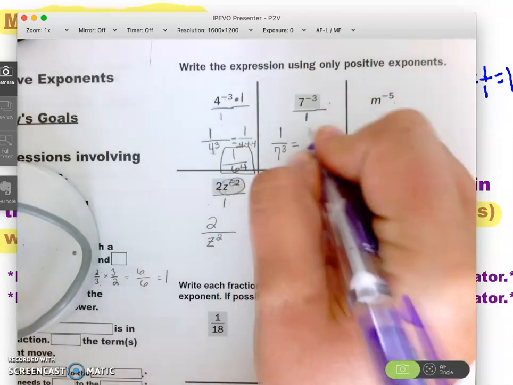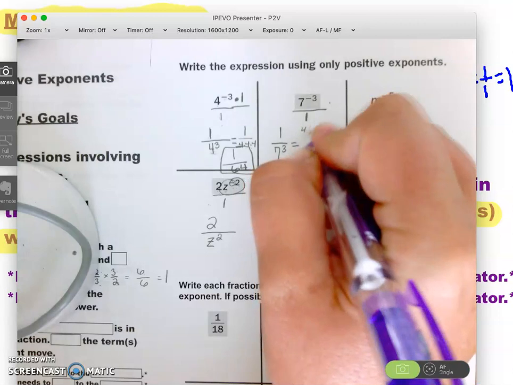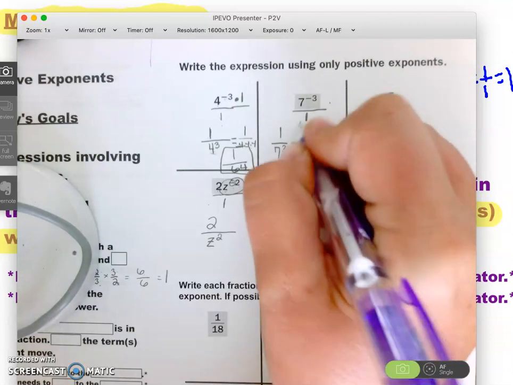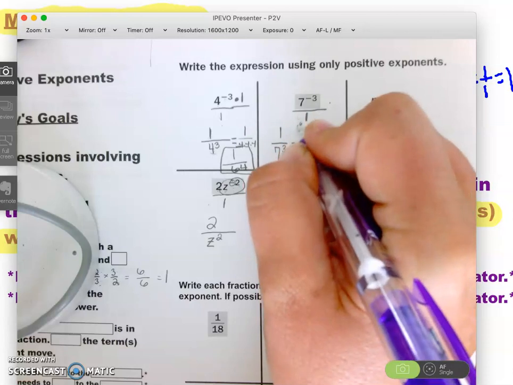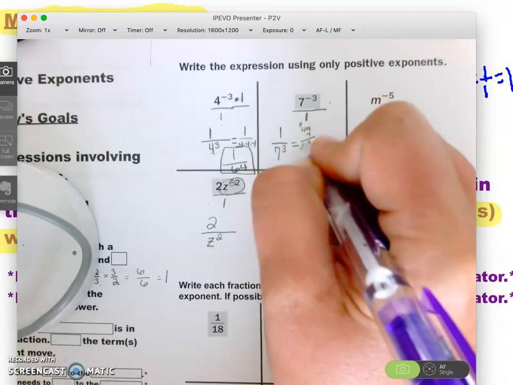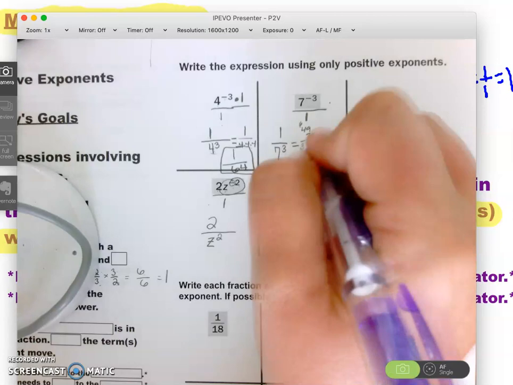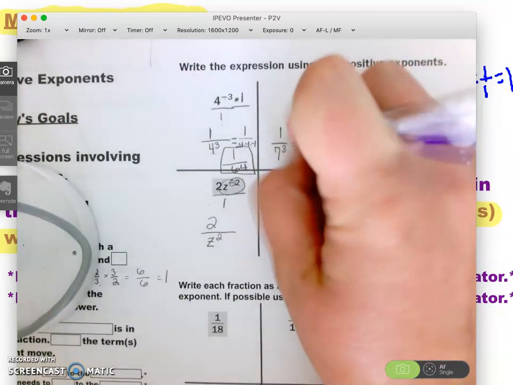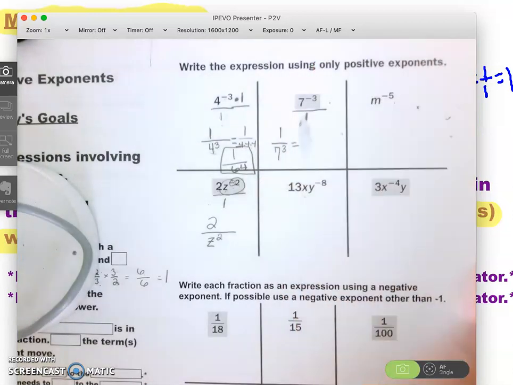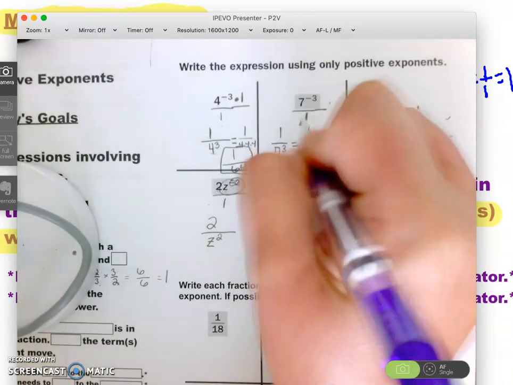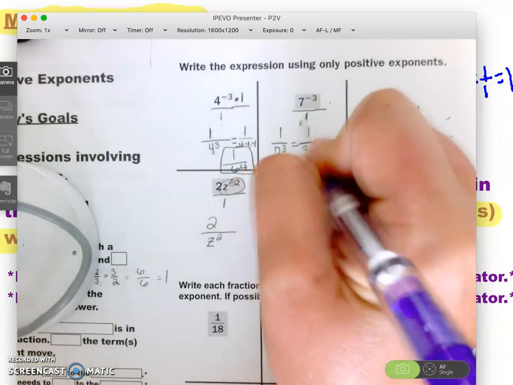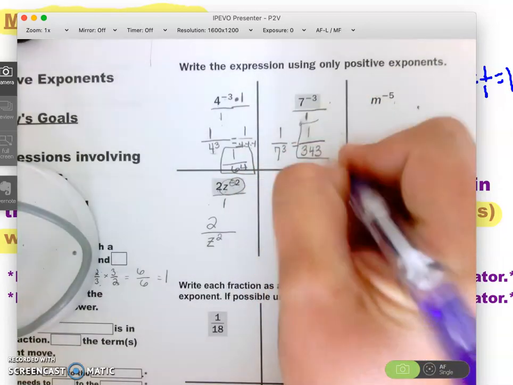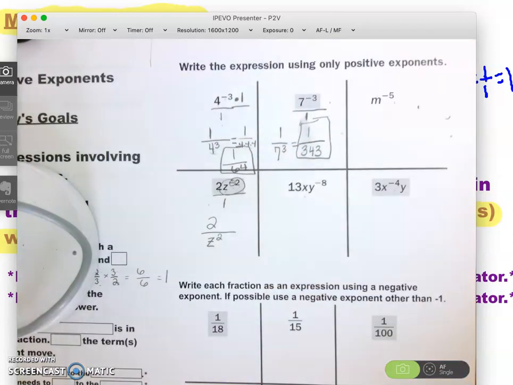Then I do 7 times 7, which is 49, times 7 is 343. So I have 1 over 7 to the third power, which is 1/343. Again, I do not have a negative answer.